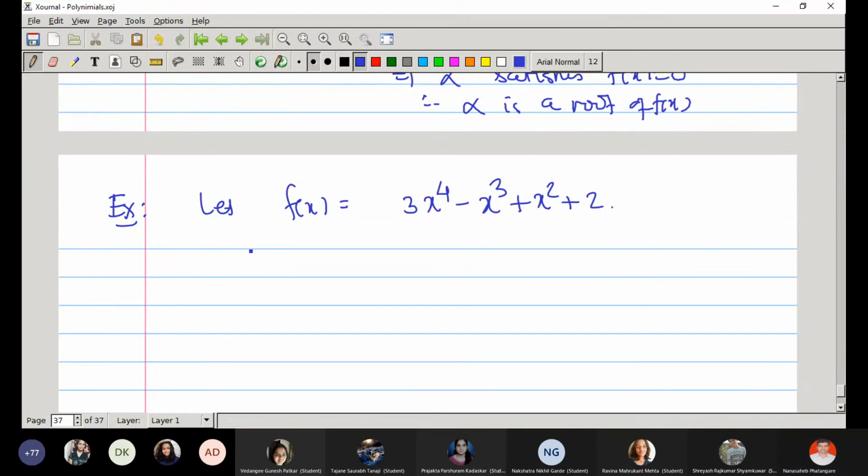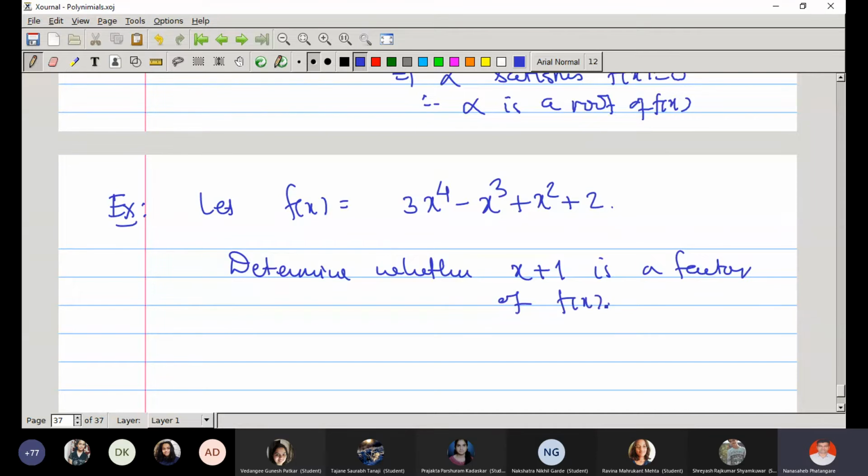Determine whether x plus 1 is a factor of f of x. Is x plus 1 a factor of f of x? How will you check?